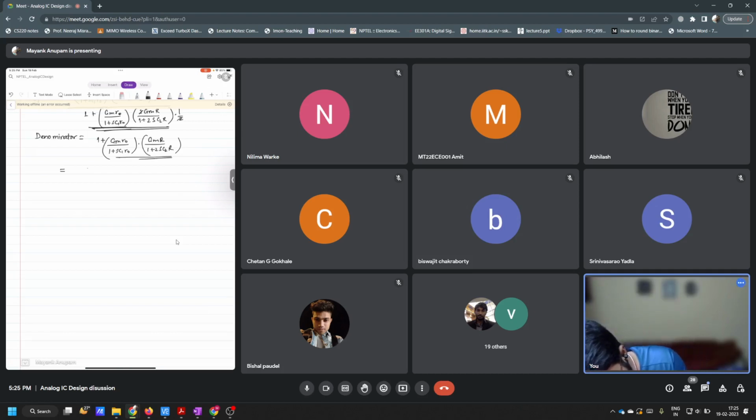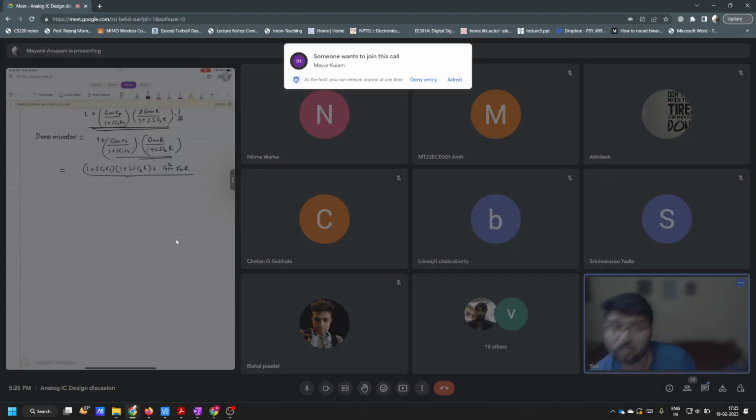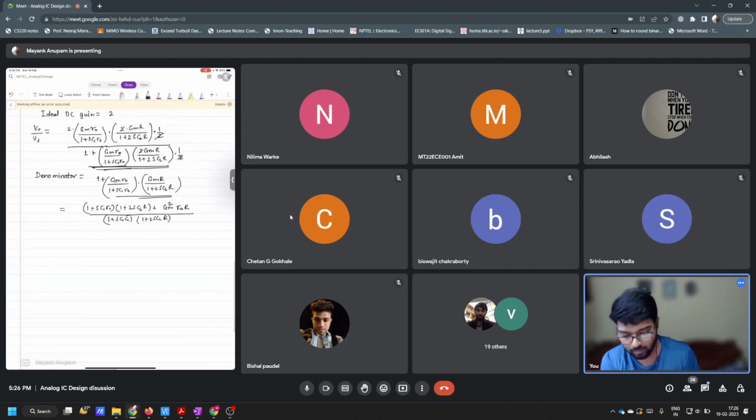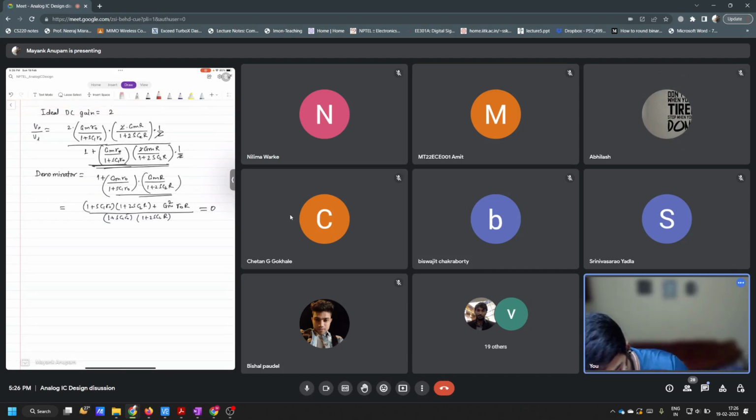This will be (1 plus sC1 R naught) into (1 plus 2sC2 R) plus gm square R naught into R, divided by (1 plus sC1 R naught) into (1 plus 2sC2 R). This denominator we have to equate to 0, so this becomes our characteristic equation.